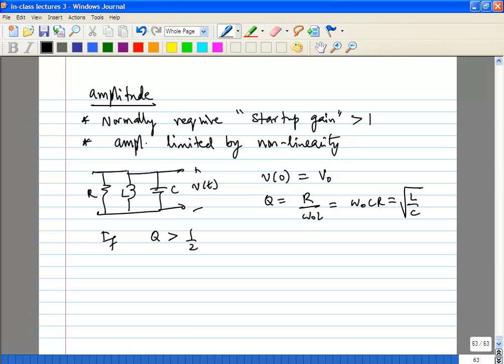This system will end up having a sinusoidal component, and depending on the value of R, it will have an exponential decay. It depends on the value of R, like I said.